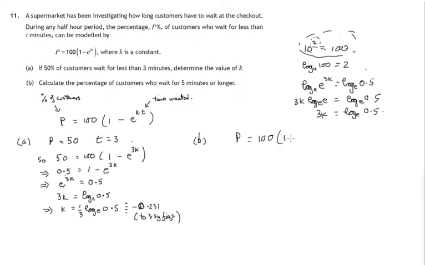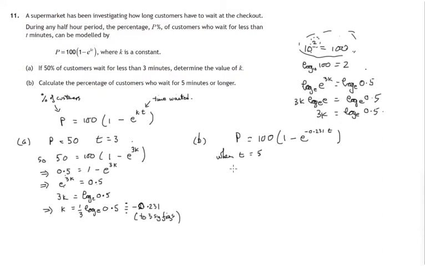So what is the formula we're using to find this percentage? It's 100 times 1 minus e to the power, well, we worked out what k was. It's negative 0.231 times t now. And when t equals 5, now remember this works out the percentage of customers that waited less than 5 minutes.